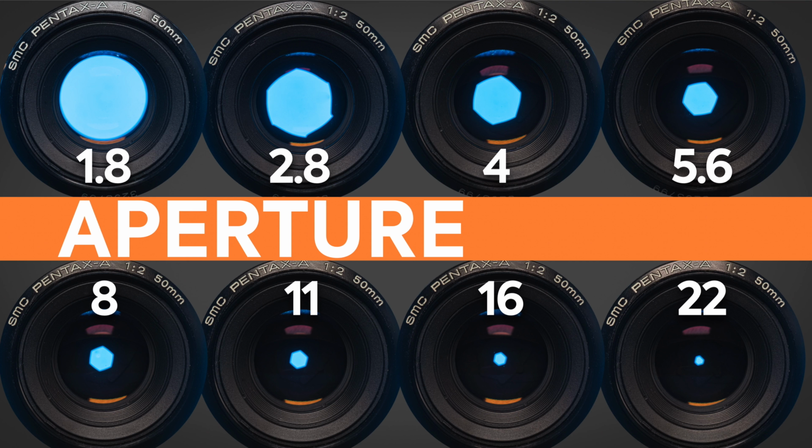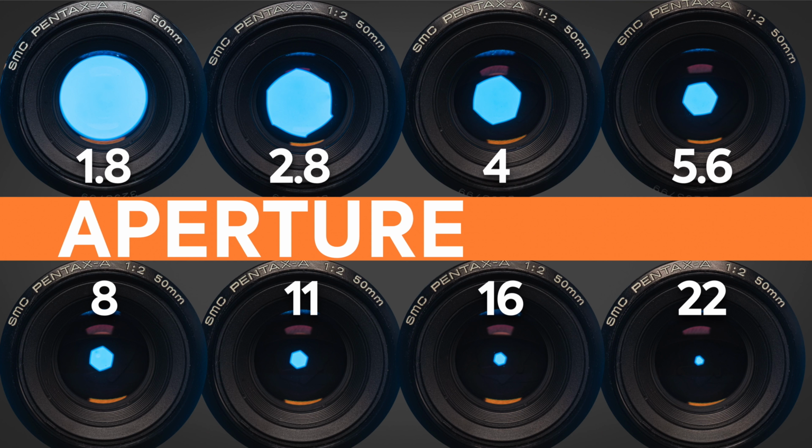Unfortunately, that's not true. Aperture numbers move in a different scale. So f4 is half as much light as 2.8, and 5.6 is half as much light as f4. I know, it's complicated. I wasn't on the committee that decided these things, but that's how it works.